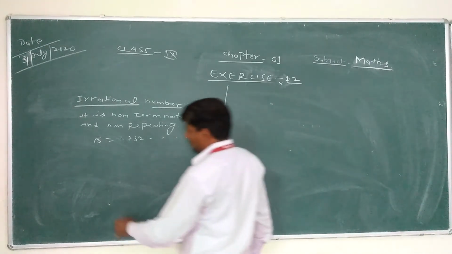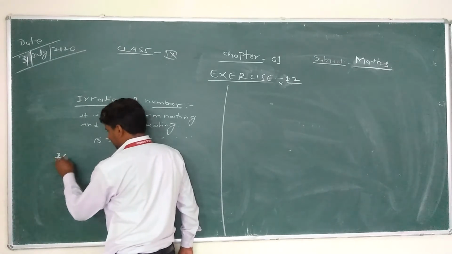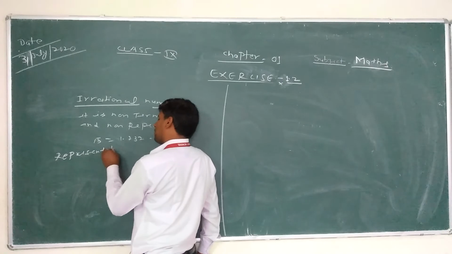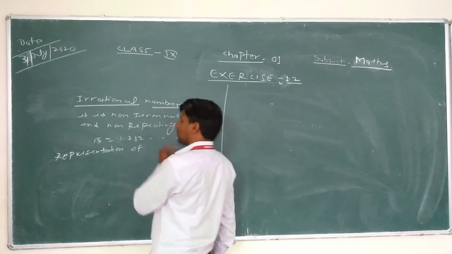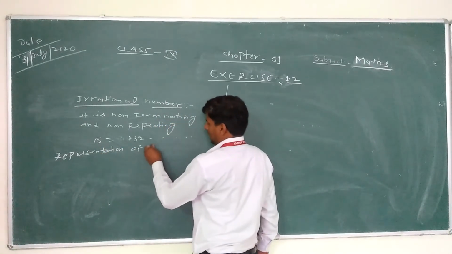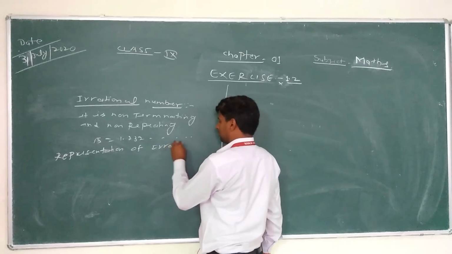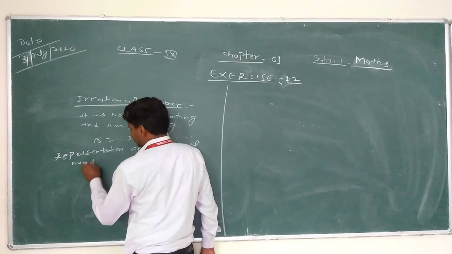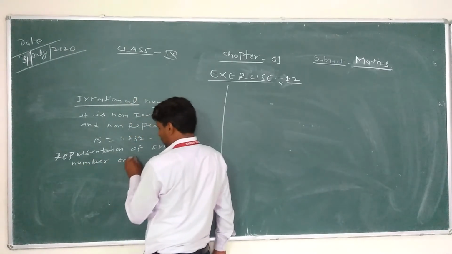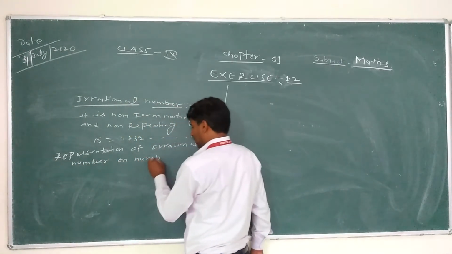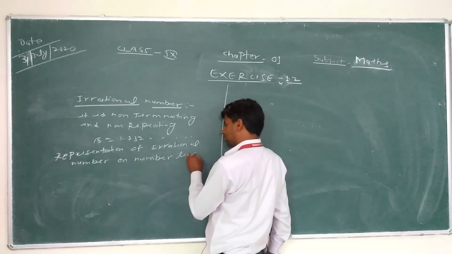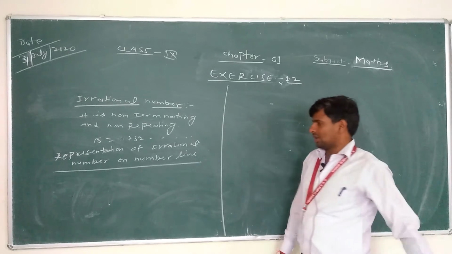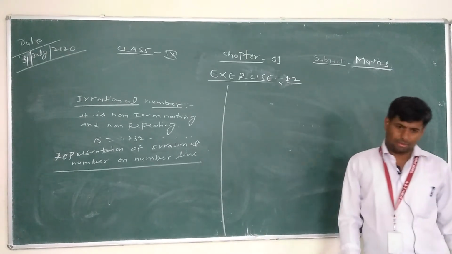So we can discuss about representation of irrational number on number line. How can we represent irrational numbers on a number line?